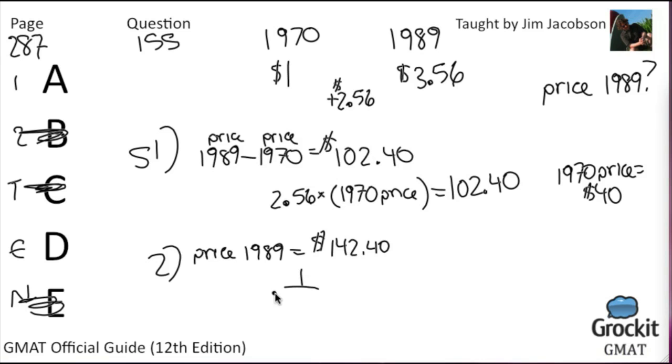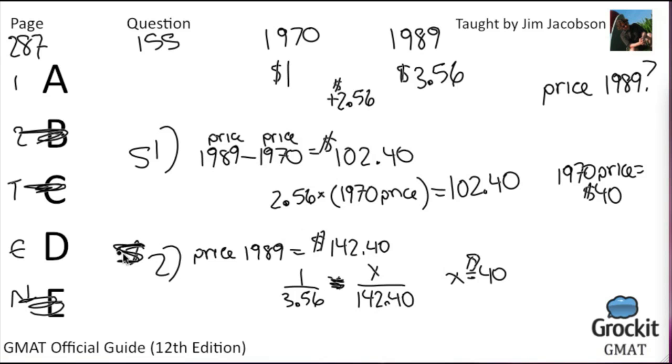For every $1 in 1970, it was $3.56 in 1989. The price in 1970, we don't know what it was, but we do know what it was in 1989. We solve for x, and of course x is going to equal $40 this way too. So statement 2 is also sufficient.